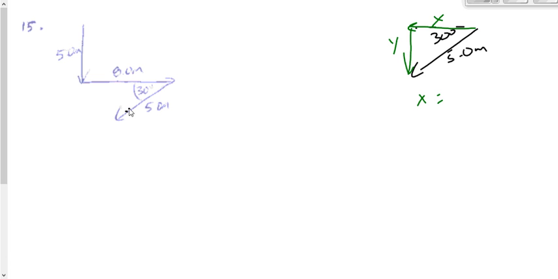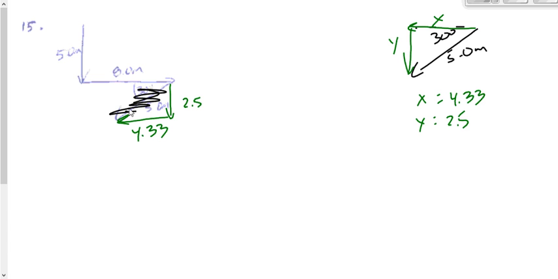Cosine to give me the adjacent side, which is going to give me 4.33. And y is going to equal 2.5. So we're going to do this. 2.5, 4.33. And then we're going to get rid of these, right? Now you can do your thing, right? X components, y components. And then you're going to do the Pythagorean theorem and the inverse tan function.